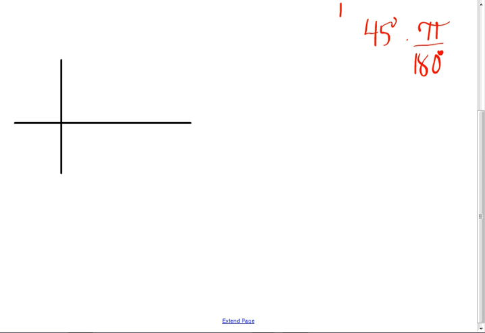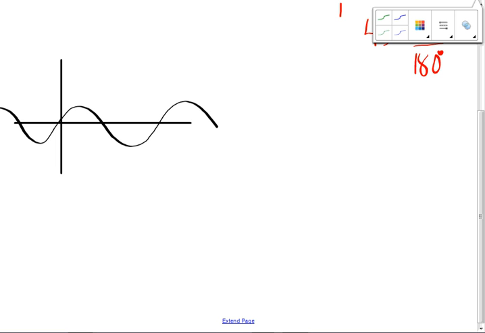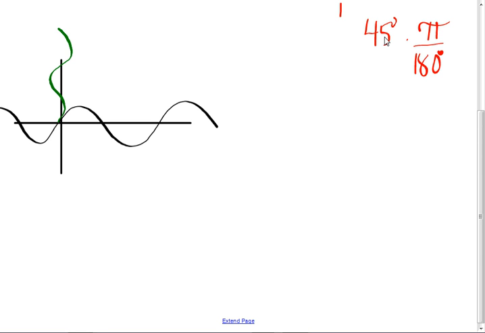It looks like this. Now, if I want to find its inverse, reflect over y equals x, and is that a function? This is the inverse. It doesn't pass the horizontal line test. The inverse of the sine function is not a function.